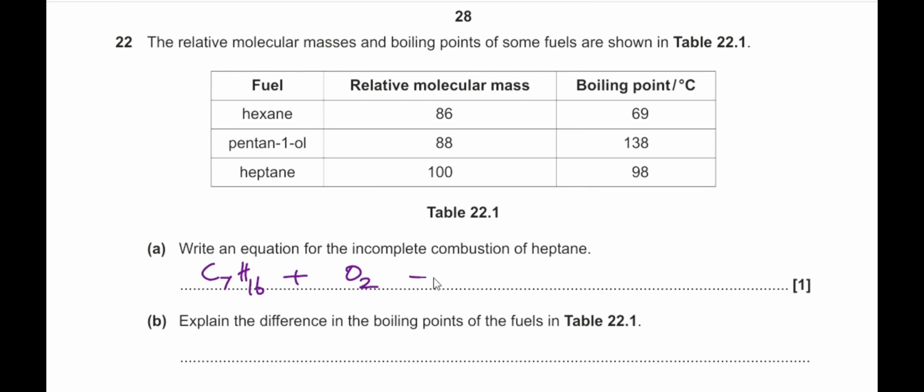We'll balance it later. We must give CO plus H2O. There are 7 carbons here, so this should be 7. There are 16 hydrogen atoms here. All of them should go to the H2O, so it should be 8 here, and then 7 plus 8 is 15, so I should put here 7.5 molecules of oxygen.